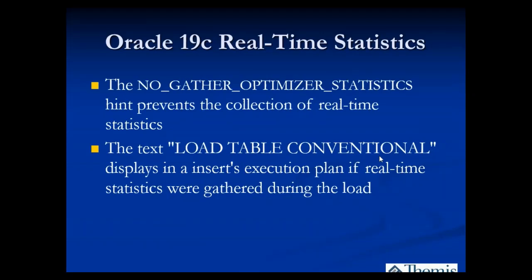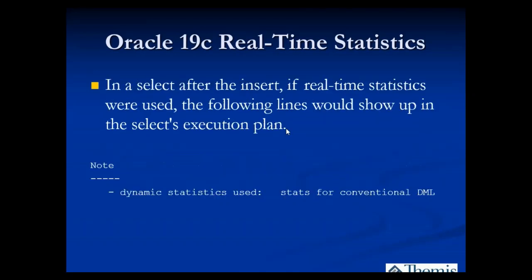All right, if you looked at the execution plan for an insert, you can run execution plans for other types of SQL, not just select. If you see this particular verbiage, LOAD TABLE CONVENTIONAL, then you know that during this insert statement, it generated real-time statistics. Also, if your statistics were generated in real time, they're out there now. Did these statistics come from real-time gathering, or were they manually put in there by a batch job?